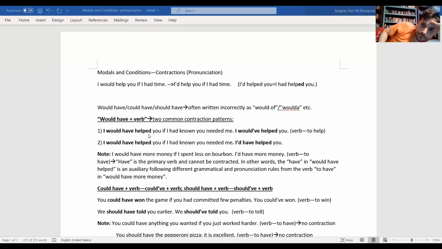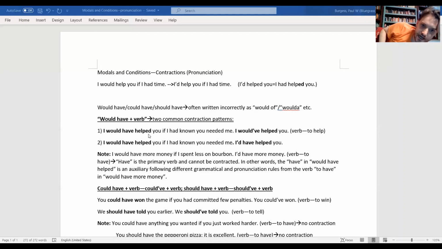Something we've talked about many times, if you've been in my class for a long time, is the contraction system in English. As I've mentioned, that's largely a written system to make the language look the way it sounds. In other words, our written contractions, where we put that apostrophe to make something look shorter, represent the way the language normally sounds.